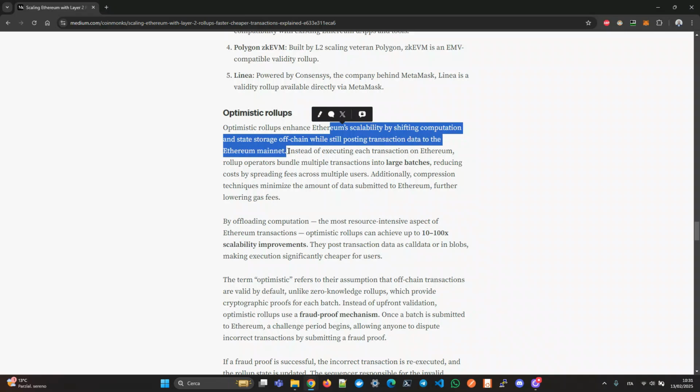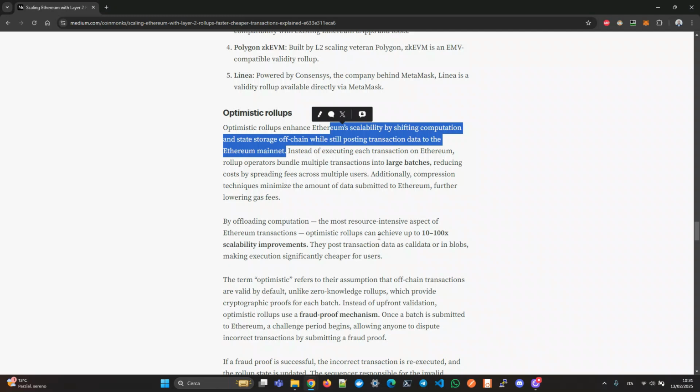So the principle is the same, but what changes is that, as we said earlier, they trust that the majority of the transactions are valid. If we want to prove that a transaction is fraudulent, we must prove it with the fraud proof mechanism.